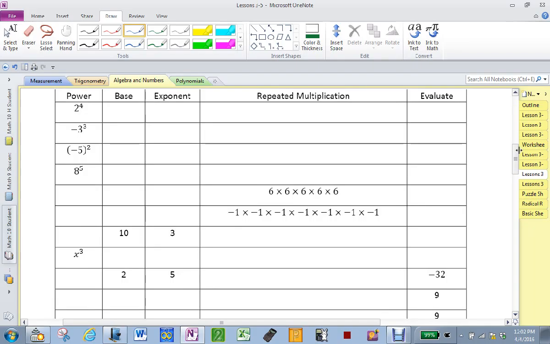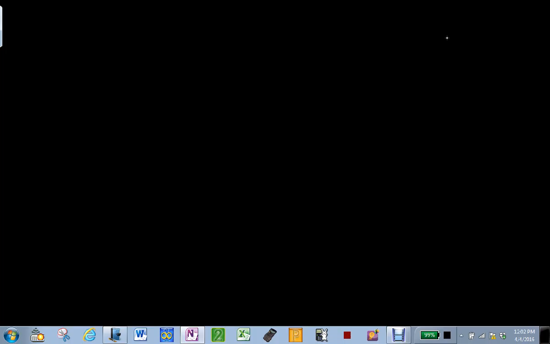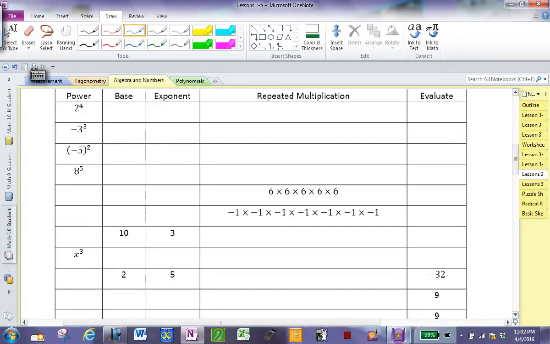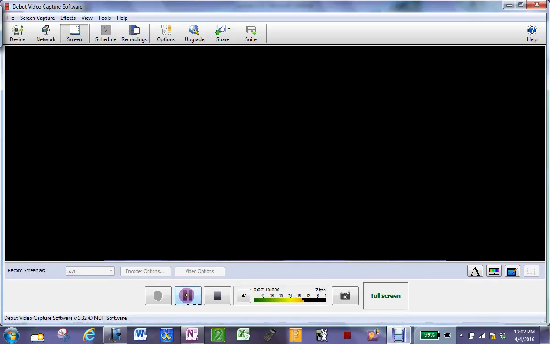Okay. Now, you guys already know from the 9th grade how to fill in this whole chart. All right? Yes. Go. I'm going to be filling it in up here, and then I'll show you all the right answers. Whatever you need.